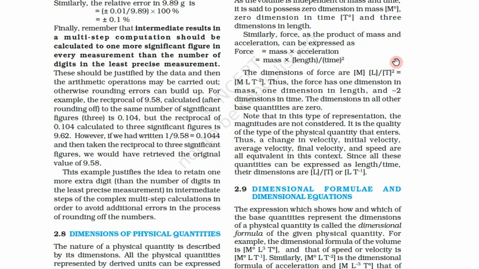So let us summarize this thing. We should hold the intermediate results in a multi-step calculation to at least one more significant figure than the number of digits in the least precise measurement, otherwise there will be some error associated.